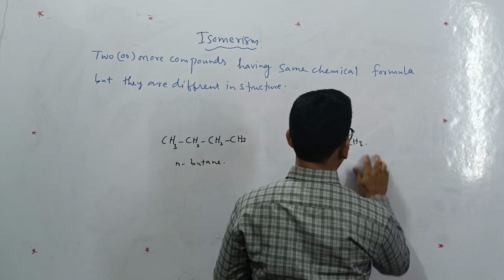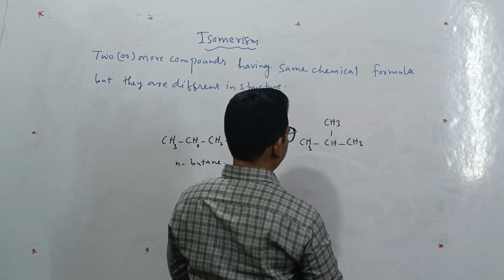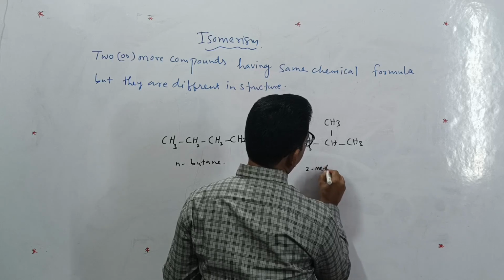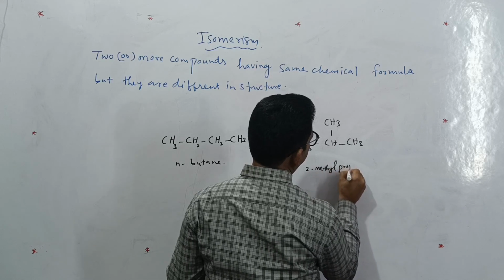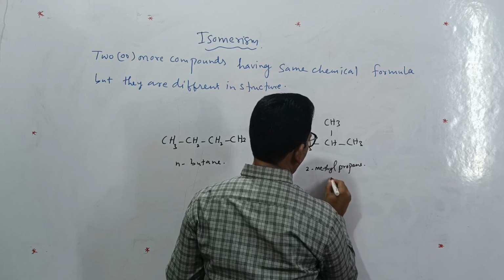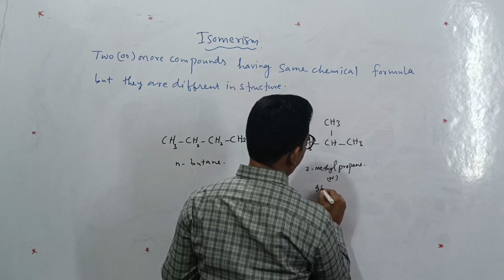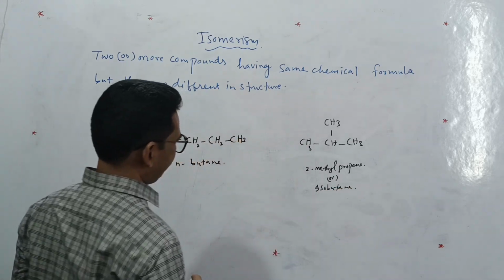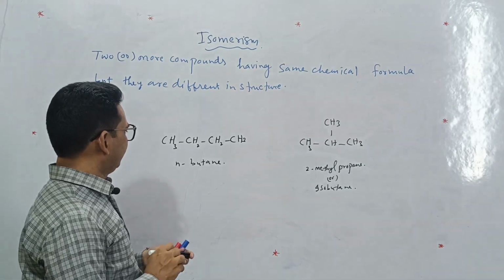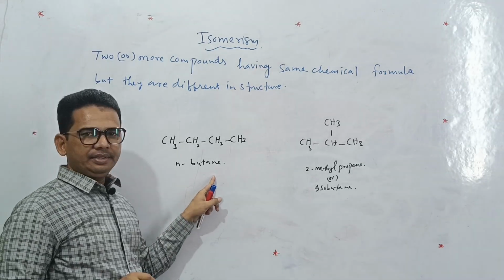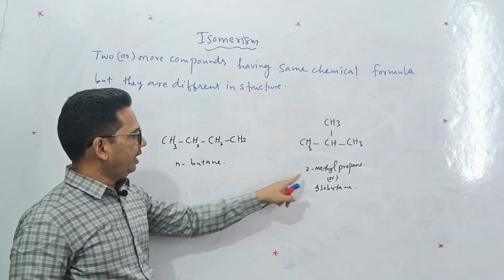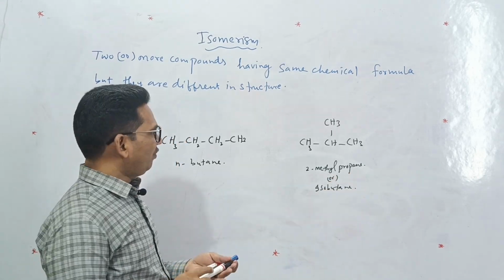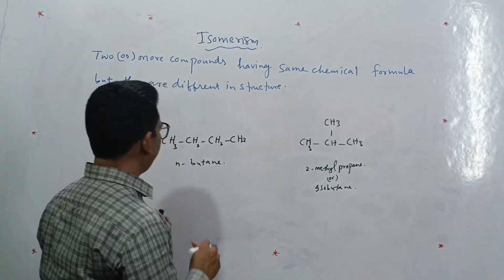See here, this is called 2-methyl propane, or we can represent it as isobutane. We can call it isobutane also. Here one is N-butane, the normal chain butane, and another one is 2-methyl propane. Just see what difference you are observing in this case.